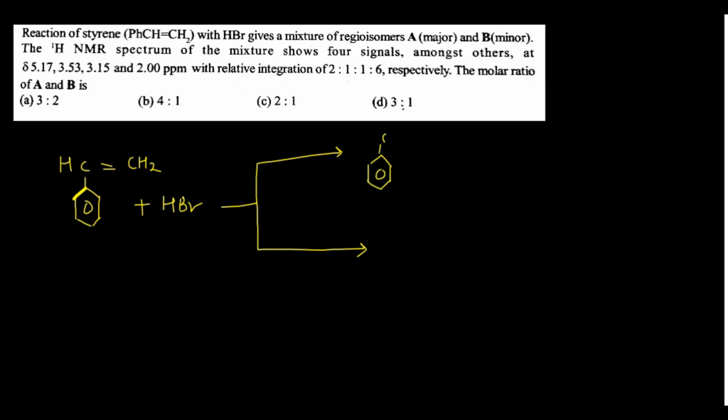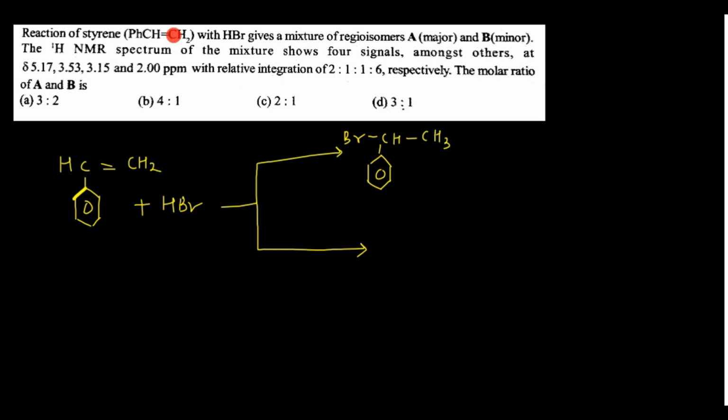Say this is CH, this is CH3. Just to remind you what Markovnikov's rule is: during the addition of HBr, or species like HCl, to an unsaturated system, the negative part of the attacking reagent, that is Br negative, will join the carbon atom around the multiple bond that has the lesser number of hydrogens.